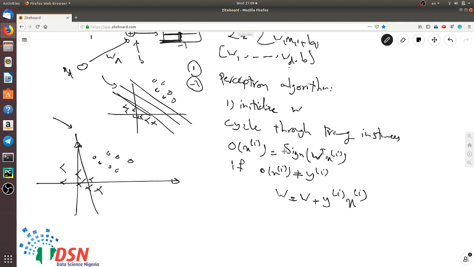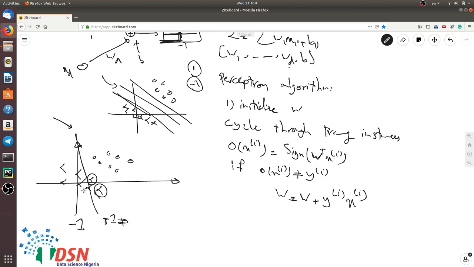So with taking the sign, it means that we assign here, let's say, +1, and we assign -1 to this region. When we cycle through all the training instances, we will see that this pattern is misclassified, and this pattern also is misclassified by the neural network.